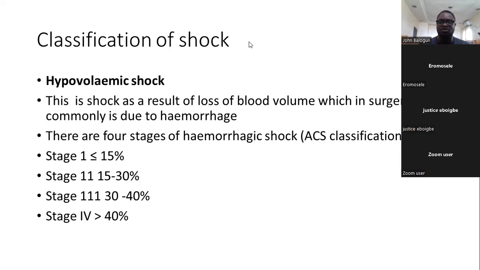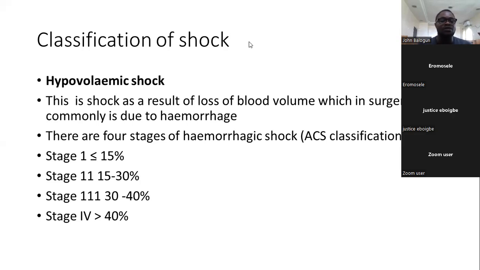You know that's stage 1. If the pulse rate is 138 or 134, you know that's stage 2. If the pulse rate is 156, that's stage 3. If the pulse rate is 174, that's stage 4. So that's one parameter they can give you, the pulse rate.